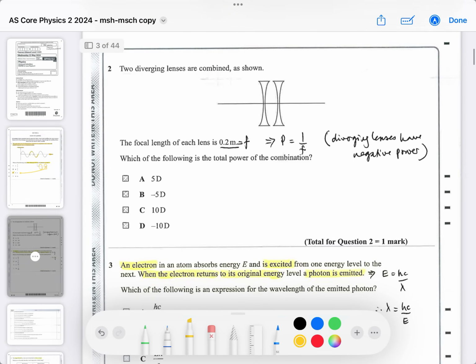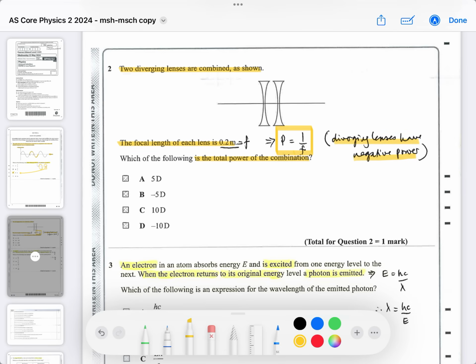Question 2 is 2 diverging lenses combined as shown. The focal length of each is 0.2 meters. So they've told you the focal length, and they want you to work out the total power of the combination of 2 lenses. Power and focal length are inversely proportional, so there's the equation for power and focal length, and diverging lenses have negative power.